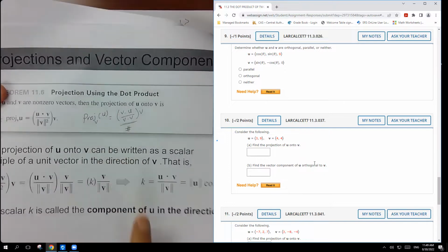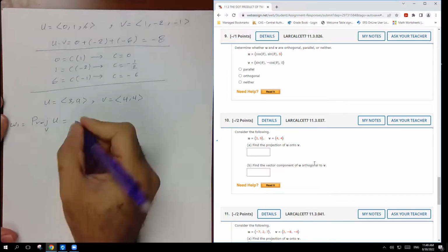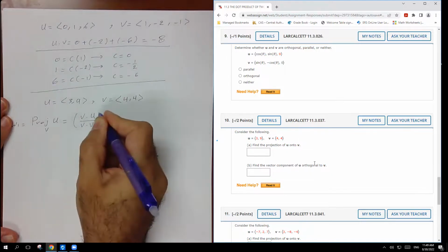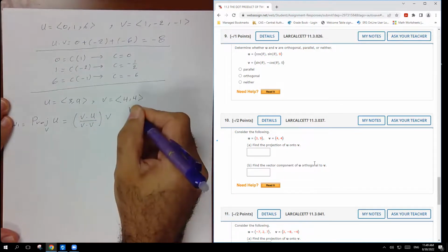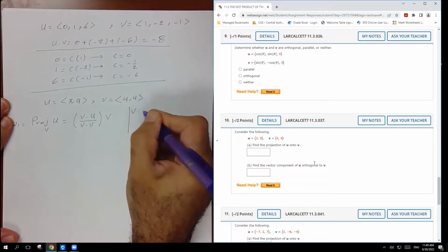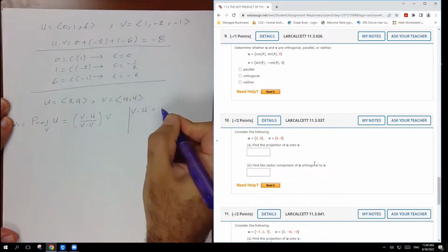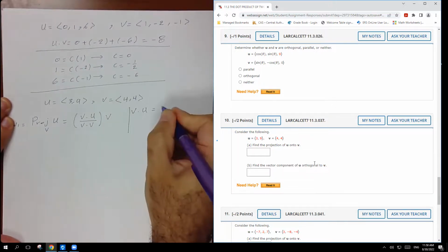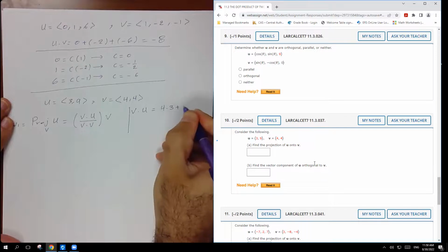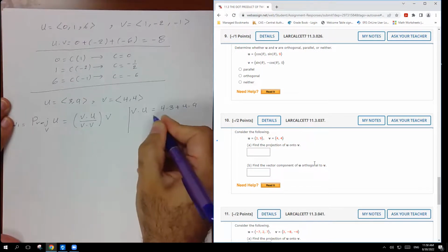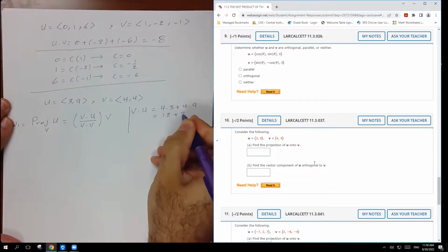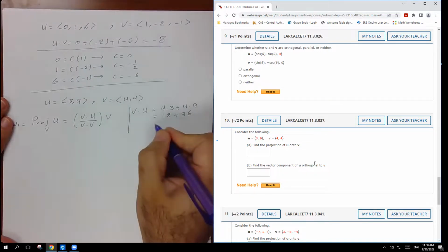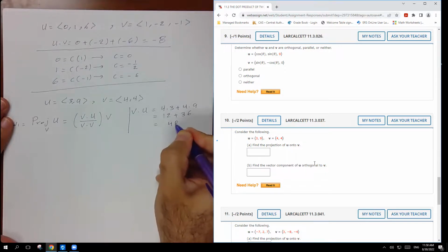The projection of U onto V is going to be the dot product of V and U over the dot product of V and V, times the vector V. The dot product between V and U is 4 times 3 plus 4 times 9, so it's going to be 12 plus 36, which is 48.